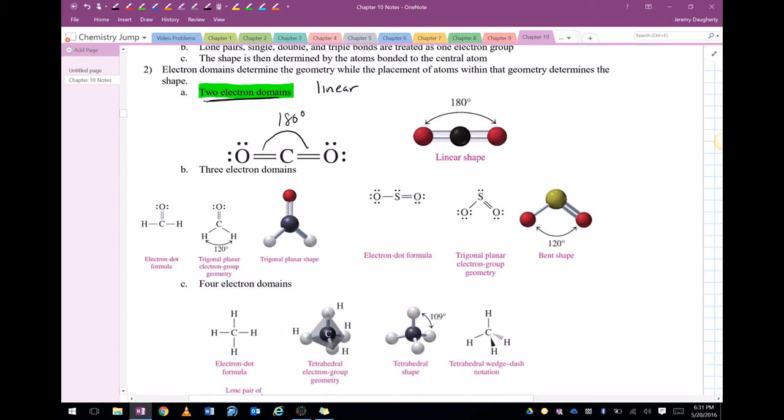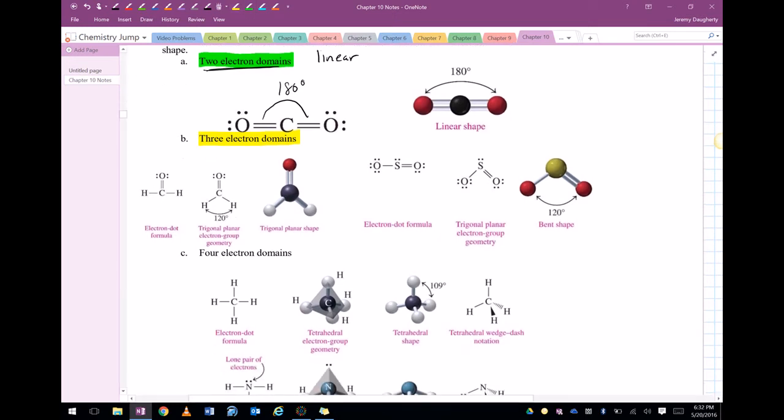Now, if there are three electron domains, in other words, there are three areas being occupied around that central atom. So, for instance, right here, CH2O, we have 1, 2, 3 areas being occupied.